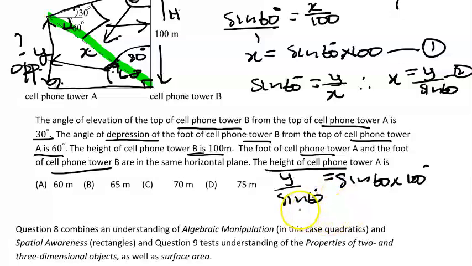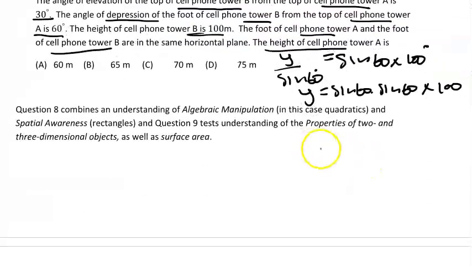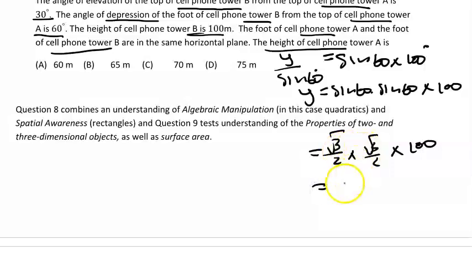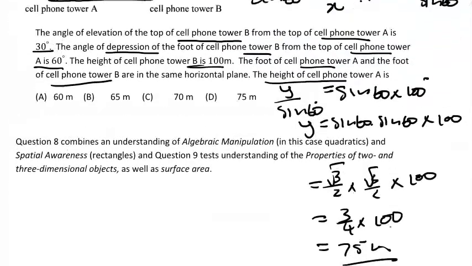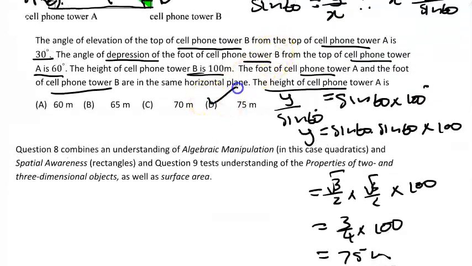So therefore, Y equals sine 60 times sine 60 times 100. Sine 60 is root 3 over 2, so we have root 3 over 2 times root 3 over 2 times 100. Root 3 times root 3 is 3, over 4, times 100, and that gives us 75 meters. And 75 meters will be option D.